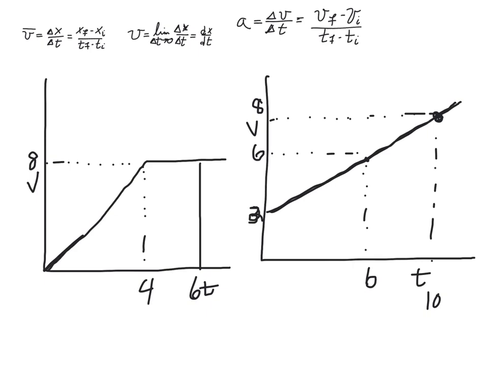And so the way to think about that mathematically is, since the velocity is changing, we would take the average velocity over that time interval and multiply it by the time, right? That equation would be delta x, the distance covered, would be the average velocity times the time.